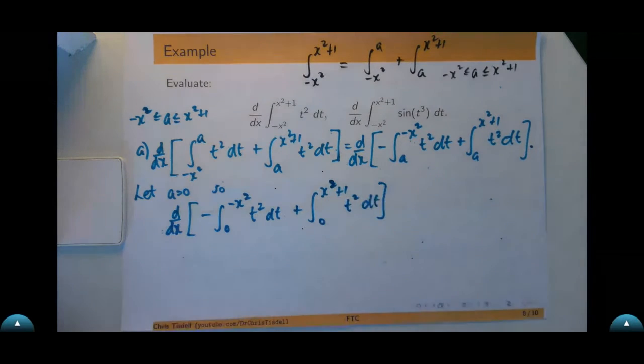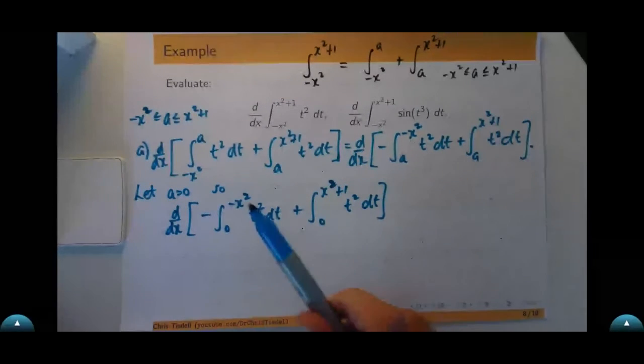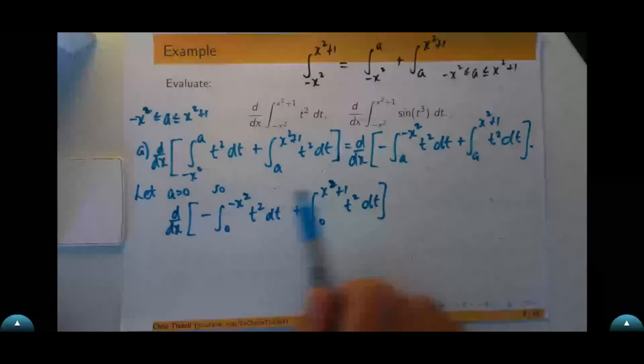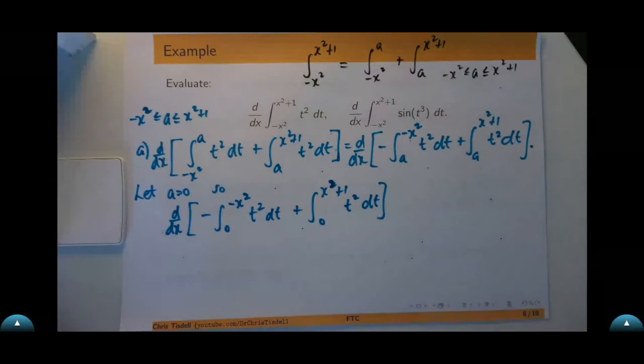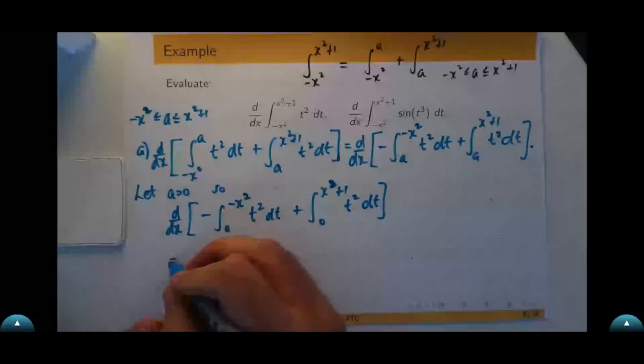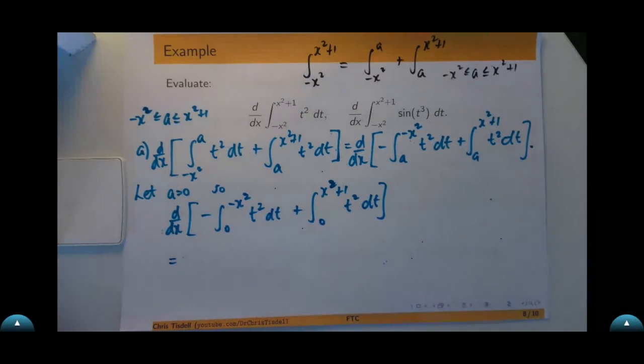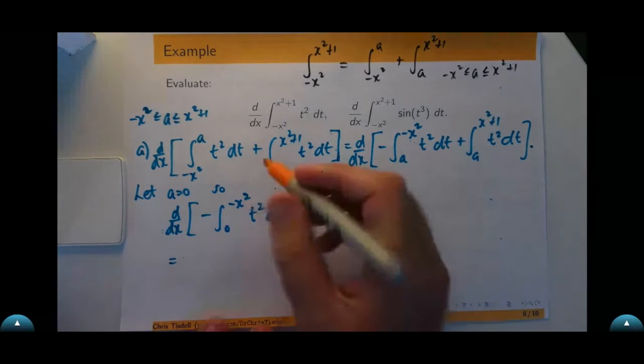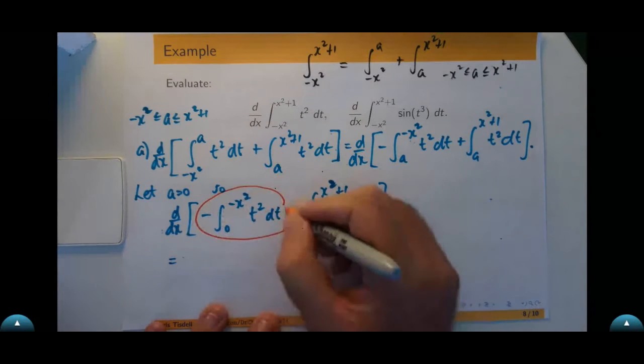Okay. All right, so we're using definite numbers now, which is great. And so now what we can do, we can use a substitution if we want to. You could let u equal negative x squared and u equal x squared plus 1 over here. But once you've done a few of these questions, you'll see it's actually very easy to do this, right? So let me look at this one.